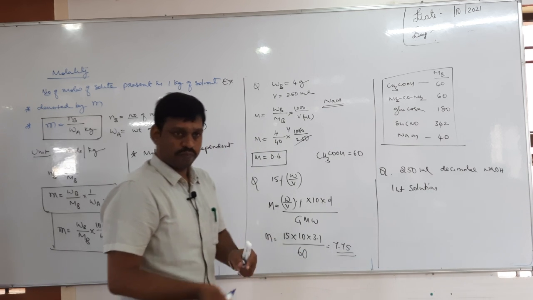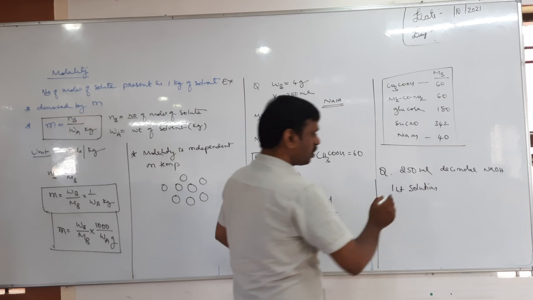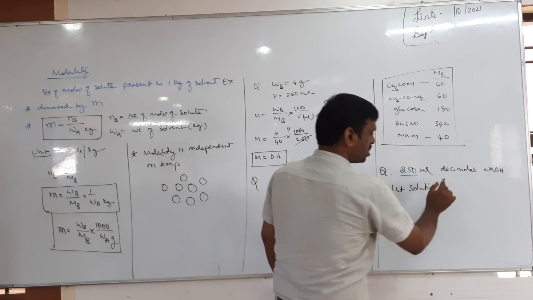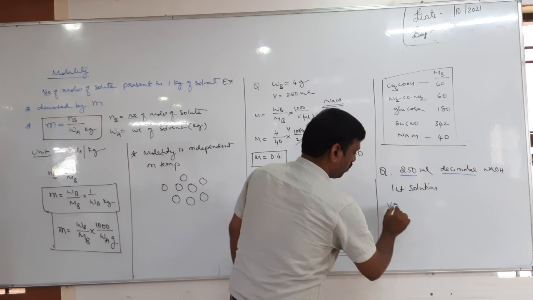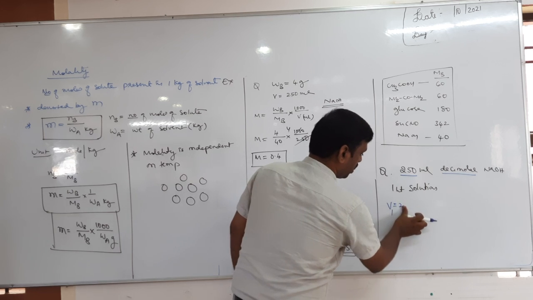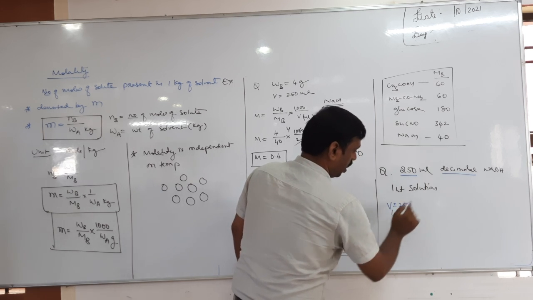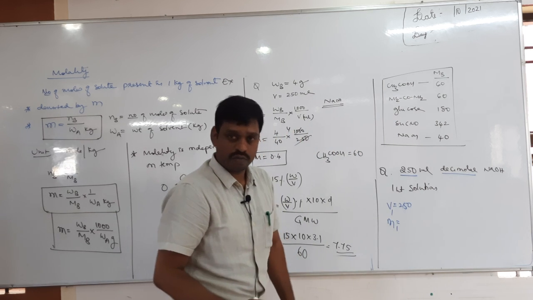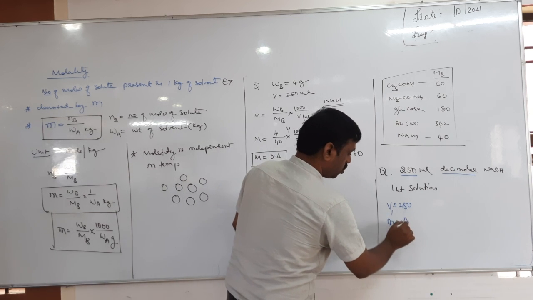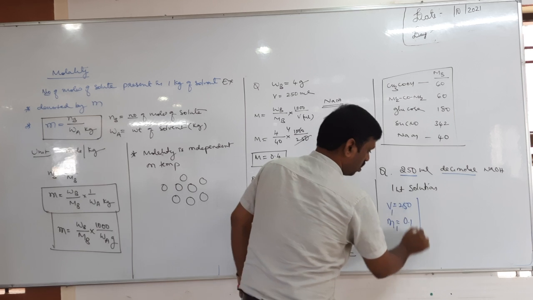Okay, so this question is based on dilution. 250 ml and decimolar. Therefore the initial volume V1 is given as 250 ml, and M1, the initial molarity, is deci, which means 0.1 molar.